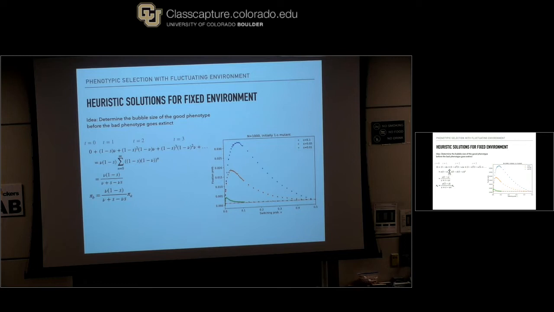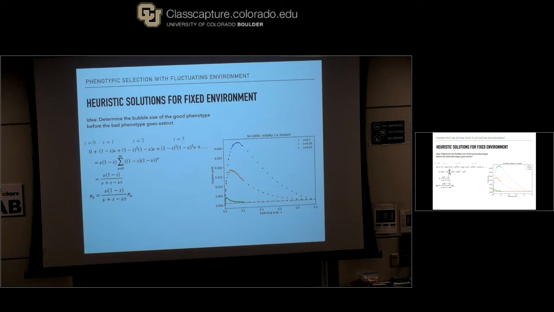So also here we try to find a heuristic approximation, and the idea is to compute the number of good phenotypes that can occur before the bad phenotype population goes extinct. This is basically done here in the first line, and we make some approximations.